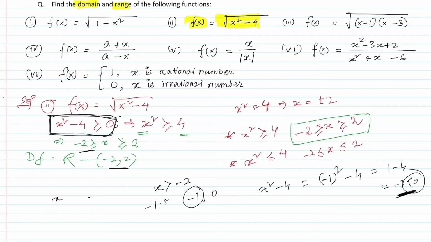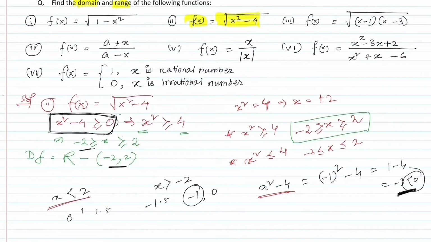Okay, again similarly, if you put values which are less than 2, maybe 1 point something, so let us put here 1. Any value less than 2. Okay, if you put 1 here, 1 square minus 4, then again 1 minus 4, that's going to be equal to -3, which is again less than 0, but it should be greater than or equal to 0.